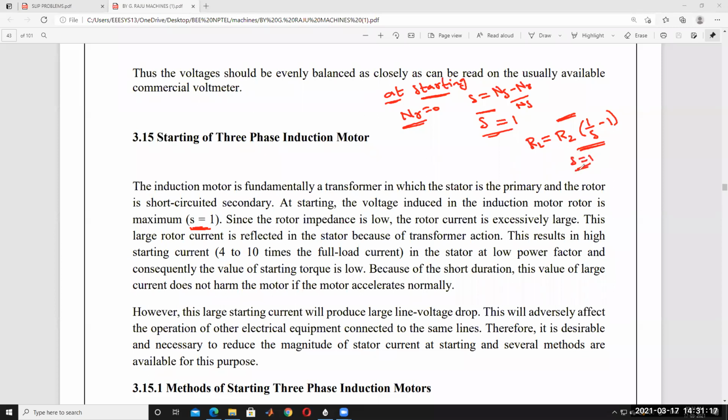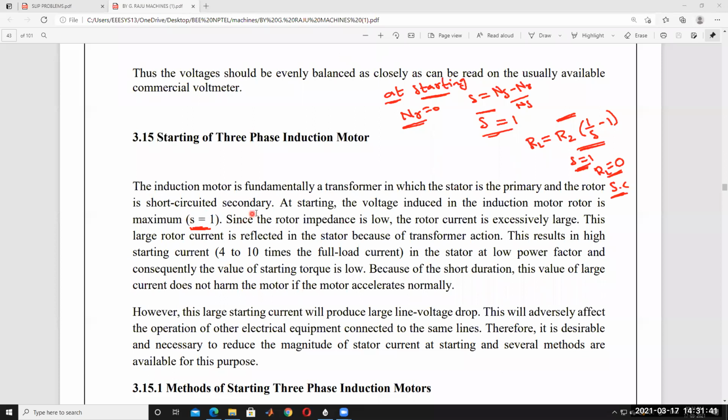So what is the RL here? 0. So resistance 0 means open circuit or short circuit? Short circuit. So that's why at starting, the impedance offered by the induction motor is very less.